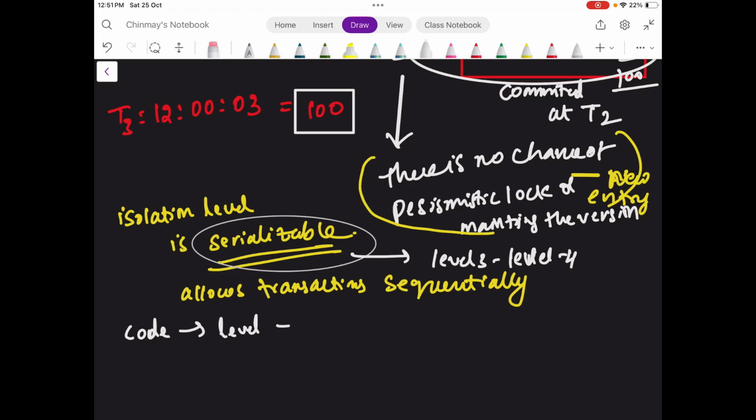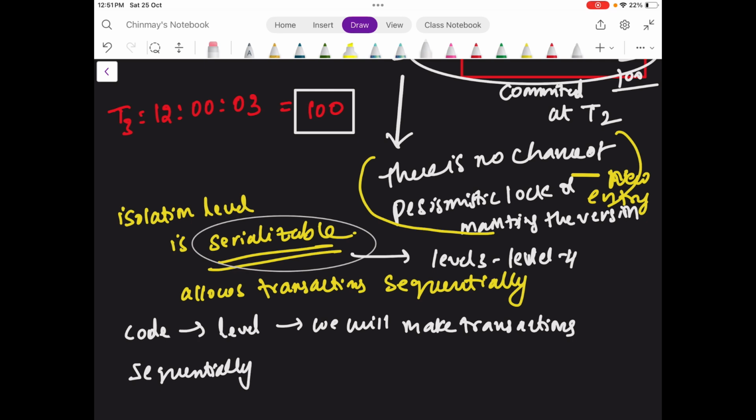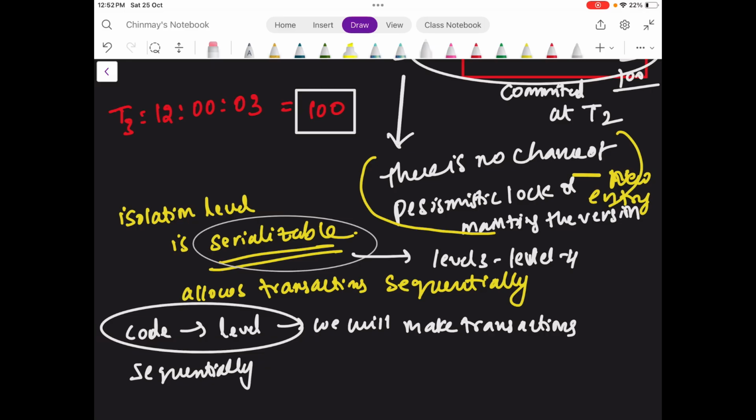Okay, we will make transactions sequentially at code level itself, because if you put the isolation serializable at database level, it gives more latency.